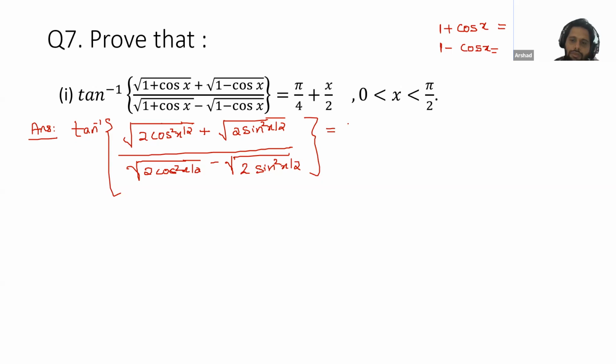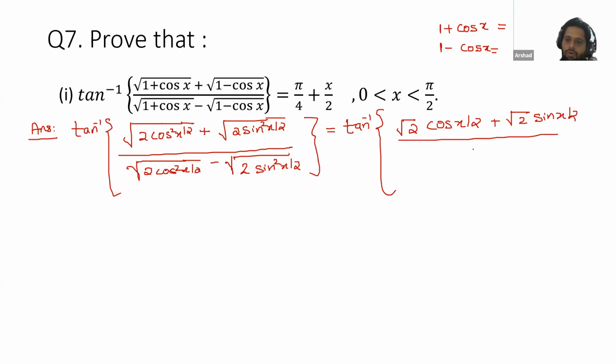This is equal to tan inverse, and here we will get under root 2 cos x by 2 plus under root 2 sin x by 2. In the denominator, we have under root 2 cos x by 2 minus under root 2 sin x by 2.